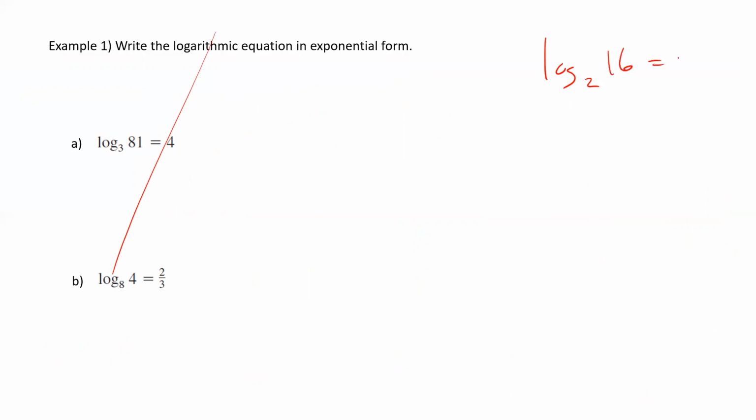What exponent do you put on 2 to give you 16? 4, because 2 times 2 times 2 times 2. Or we can go a little bit smaller here. What exponent do you put on 2 to give you an 8? 3. What exponent do you put on 2 to give you a 32? 5.